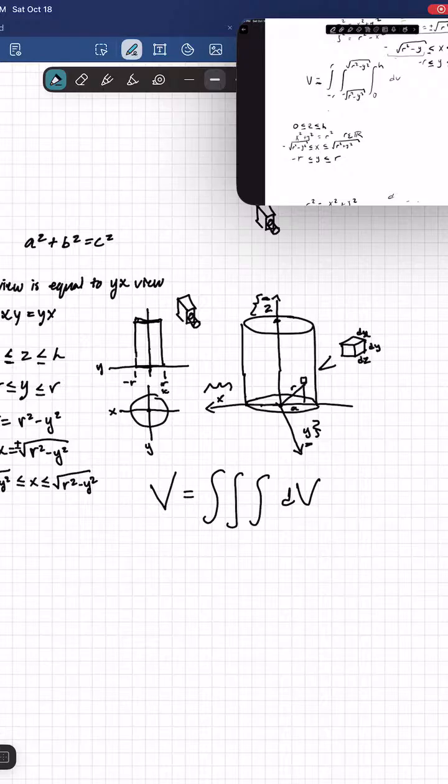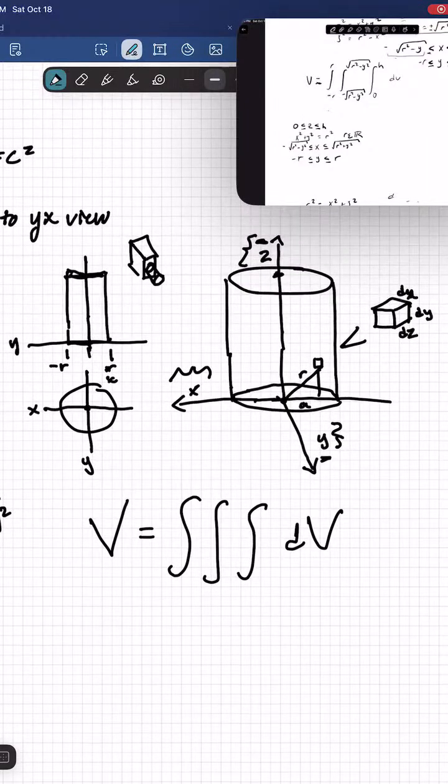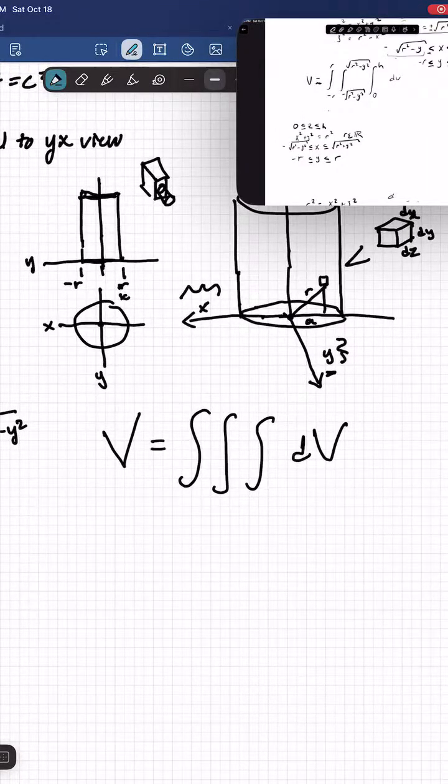Right. Yeah, sweet. So what you mentioned to me right after, in terms of structuring the integrals, is that because of the properties of dz, it could be placed first.